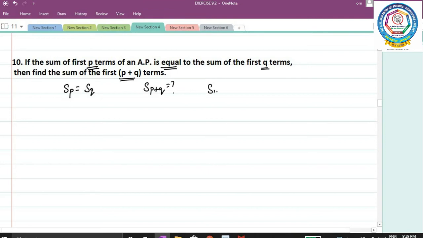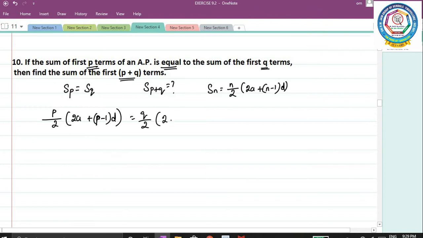We know the Sn formula: Sn is equal to n by 2 into 2a plus n minus 1 into d. Here, p by 2 into 2a plus p minus 1 into d equal to q by 2 into 2a plus q minus 1 into d.